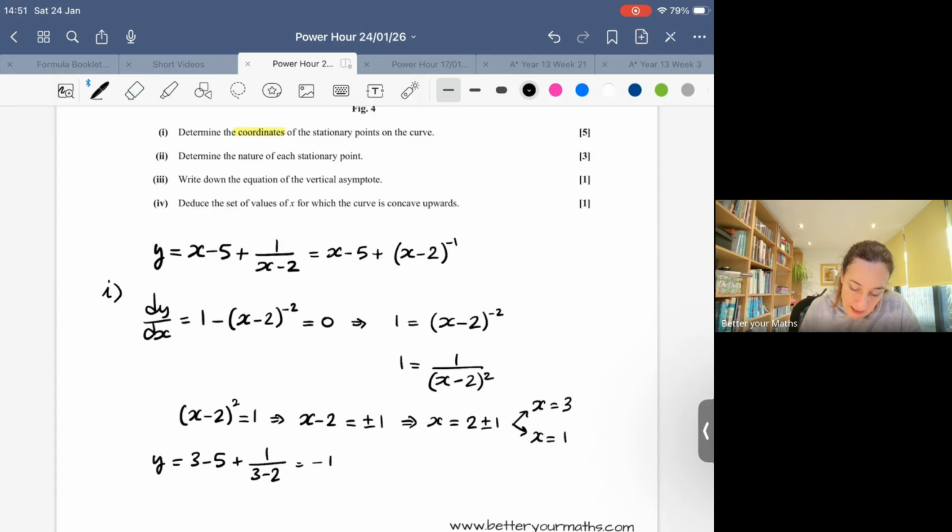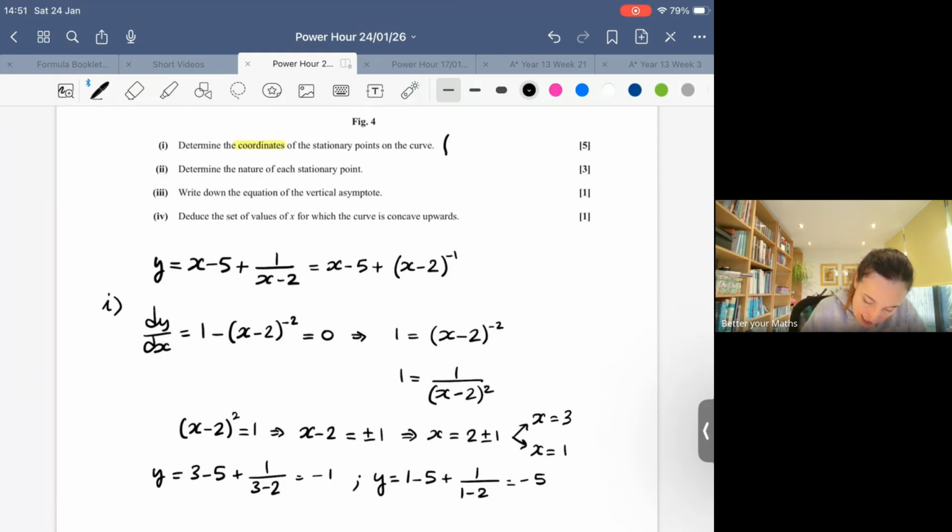And the other one is 1 minus 5 plus 1 over 1 minus 2, which is minus 5. So my stationary points are, and I'm going to write them here: when x is 3, y is minus 1, and when x is 1, y is minus 5.